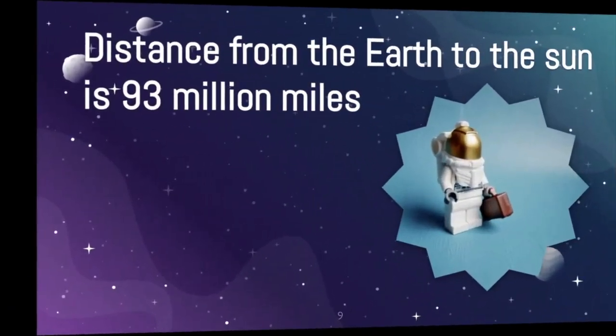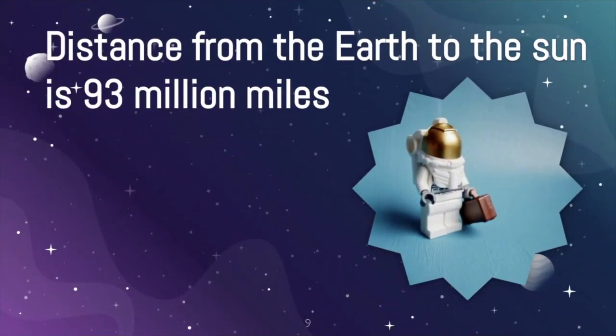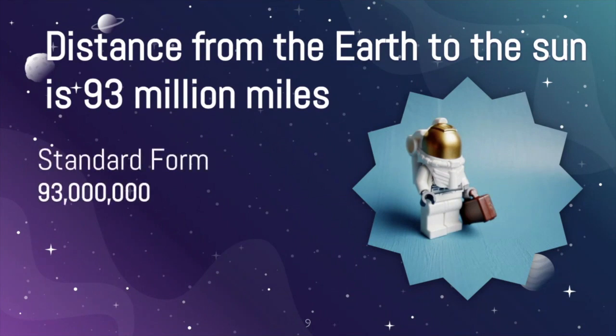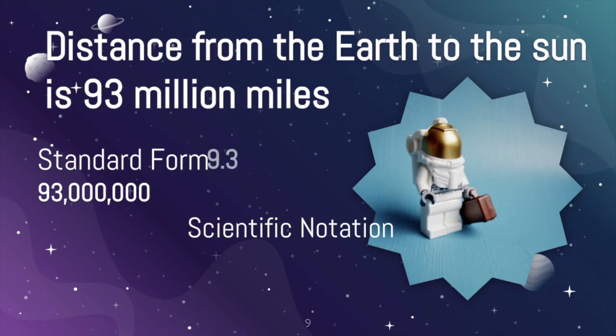Here's another example. The distance from the Earth to the Sun is 93 million miles. It's a long way. In standard form, you write it like this: 93 followed by six zeros. For scientific notation, you drop a decimal in between the first and second digit, so 9.3.